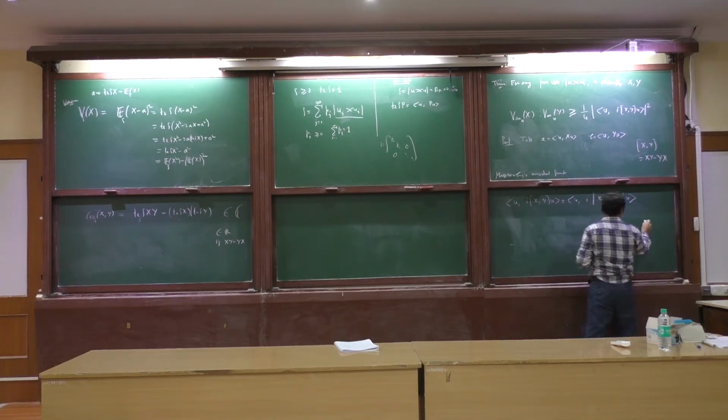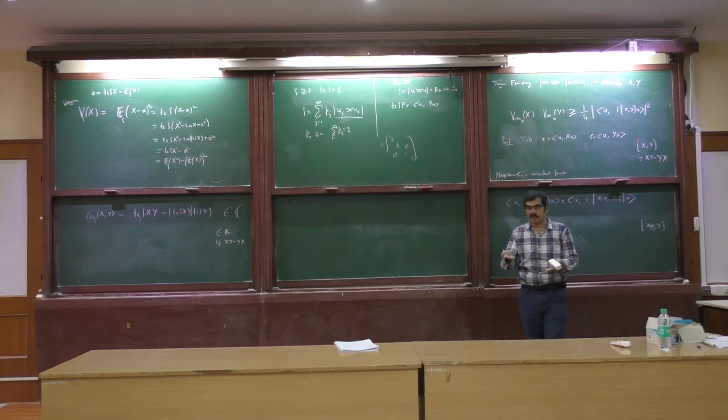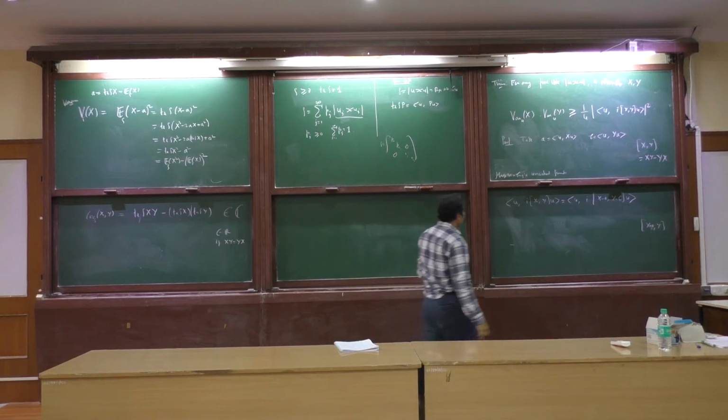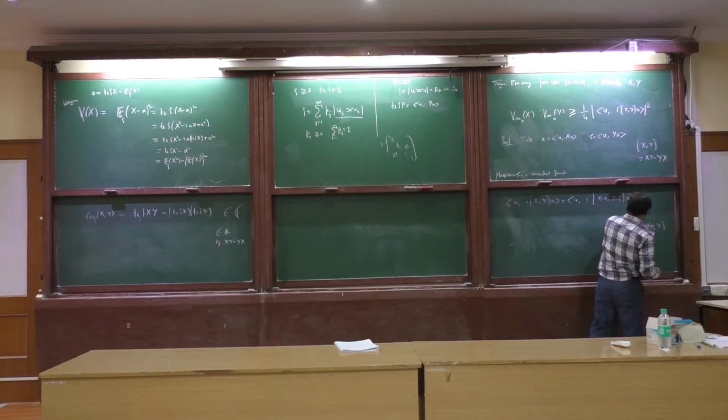See, when you have a commutator x comma y, even if I add a constant here, it will not change, because the identity commutes with everything. So that's why I am subtracting this scalar.